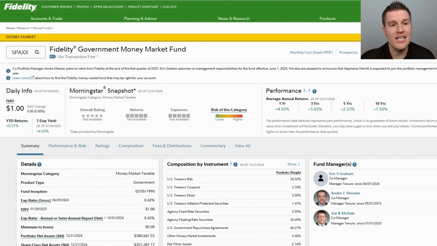So it's been less than a year that they've had this function, or the ability to have SPAXX in their cash management fund. But it's definitely been a game changer, and it's why I use Fidelity Cash Management as my main account. Again, like I said, it's just like a high yield savings account, but it's a money market fund. You might well say, well, how big is this account?